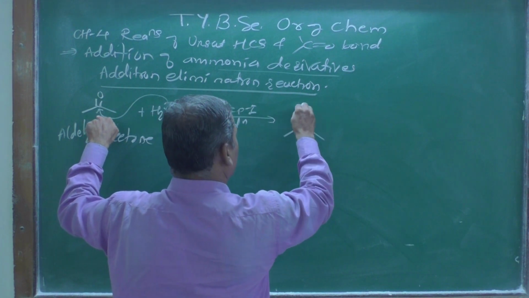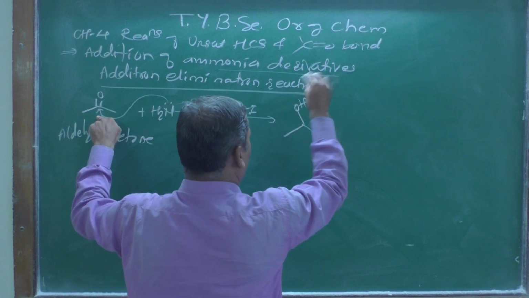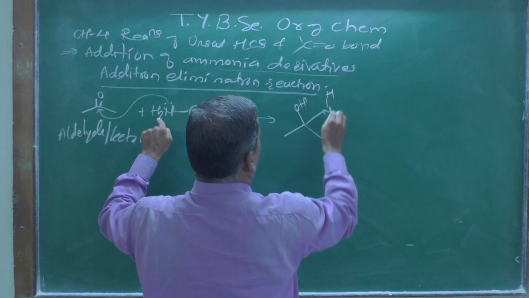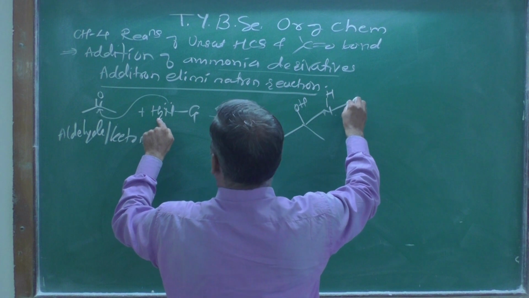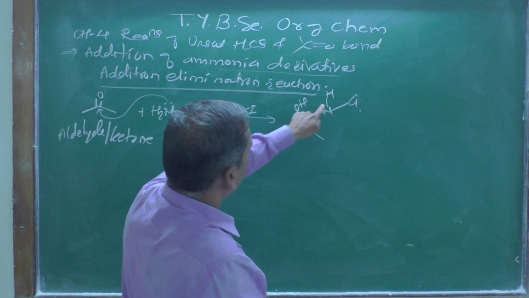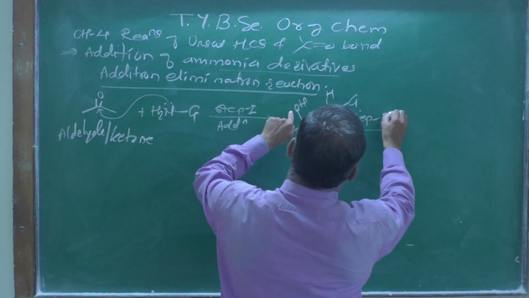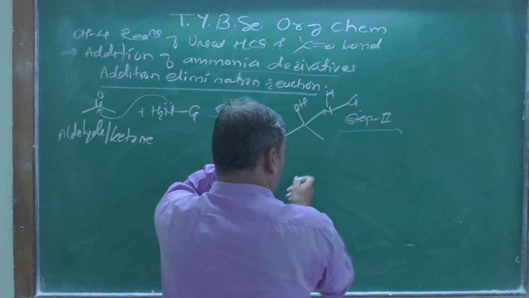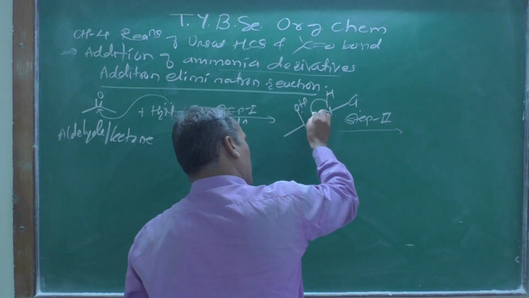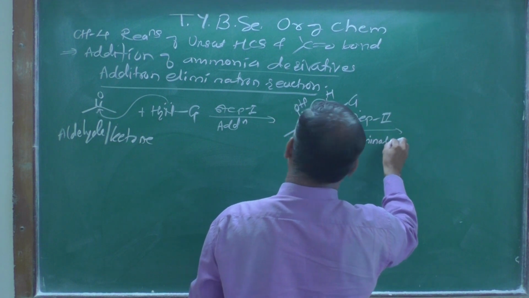Here I am writing O minus, but I am putting OH directly over here, with one H from here, and here we can call this Z. Now, step number two: one hydrogen from here and OH from here are removed, and therefore it is known as an elimination reaction.